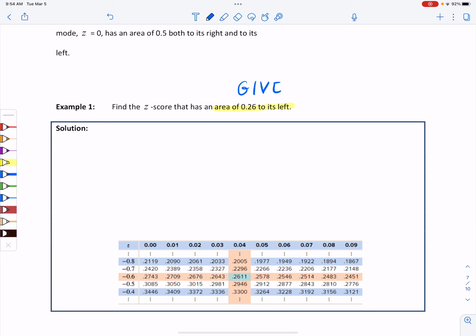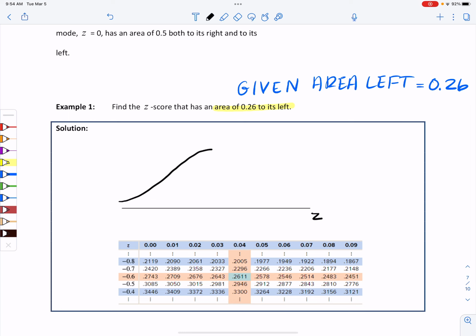So this is giving me an area to the left at 0.26. Now as far as what this is going to look like on a sketch, what you have to keep in mind is that when you look at areas under the standard normal curve, if you are below the mean of 0, then you're looking at an area less than half, because if you split this curve right down the middle, you'd have half on one side, half on the other.